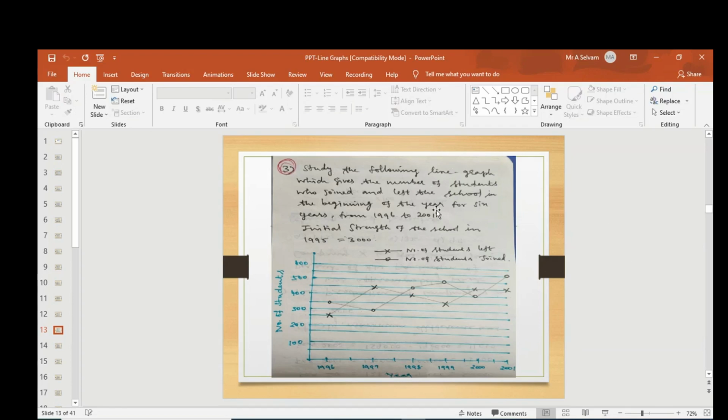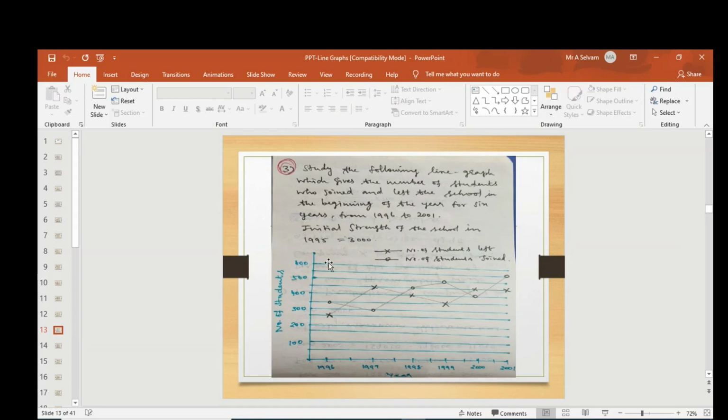Study the following line graph which gives the number of students who have joined and who have left the school at the beginning of the year for 6 years from 1996 to 2000.